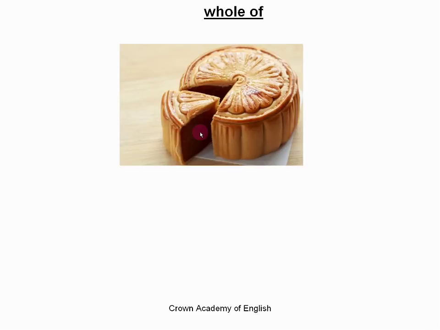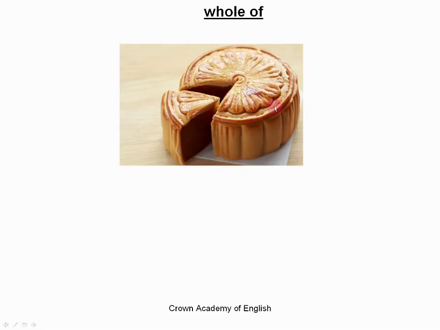And there is another meaning of the word all, and it means the whole of. Let me give you an example of what we mean. So here we can see there is a cake. Now imagine that somebody eats this slice of the cake, and then he eats another slice of the cake, and then he eats this slice of the cake, and then he eats the last slice of the cake.